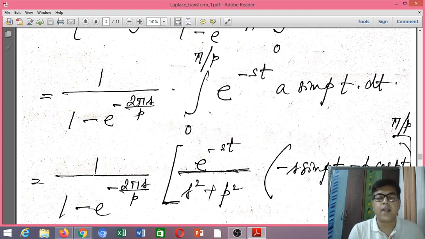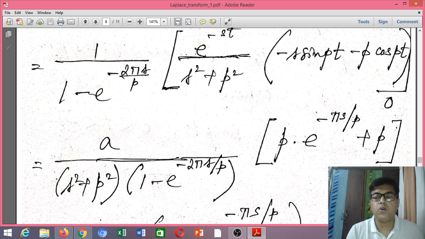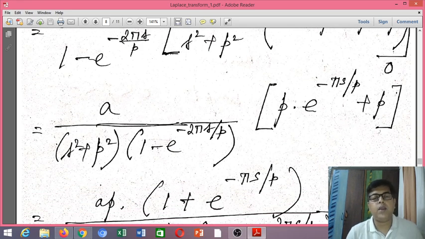So we put that result directly over here, e to the power minus st by s square plus p square into minus s sine pt minus p cos pt. Okay, and then we put the limits 0 to pi by p. If you put the limits from 0 to pi by p, you get something like this. You get a by s square plus p square, which can be taken outside, into p e to the power minus pi s by p plus p.